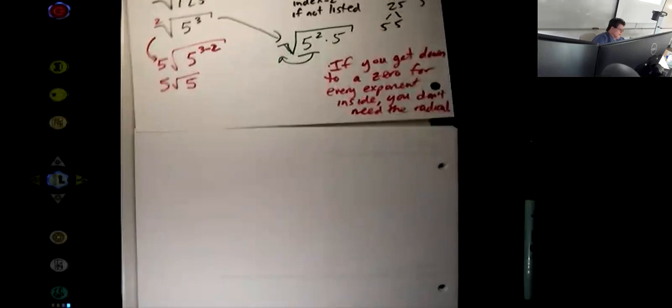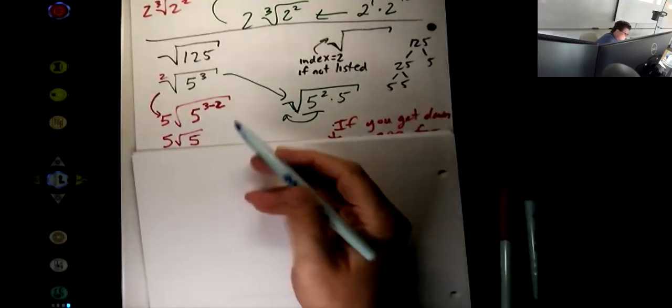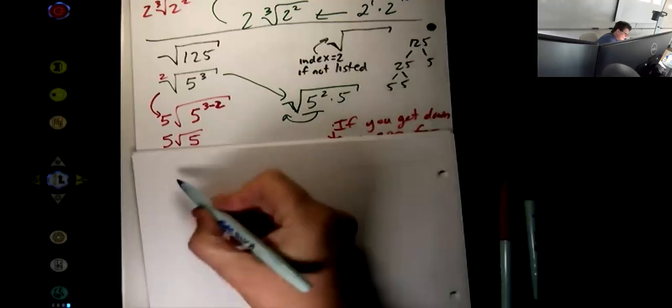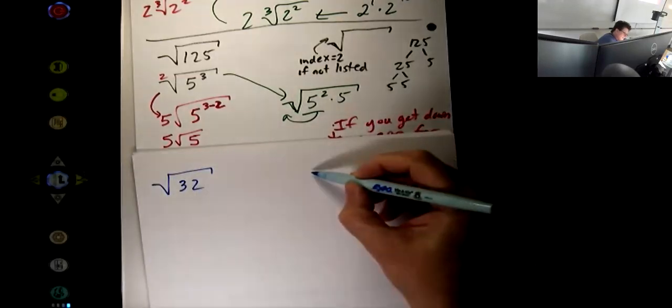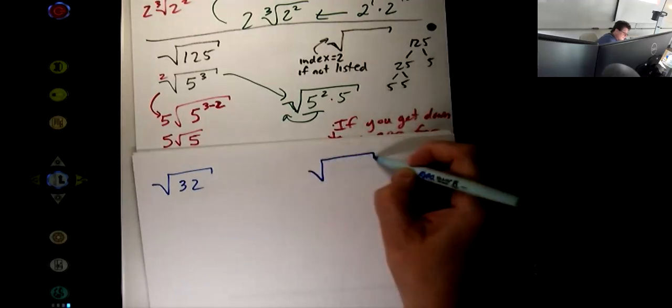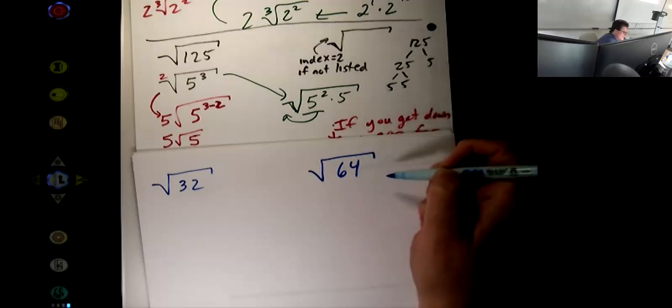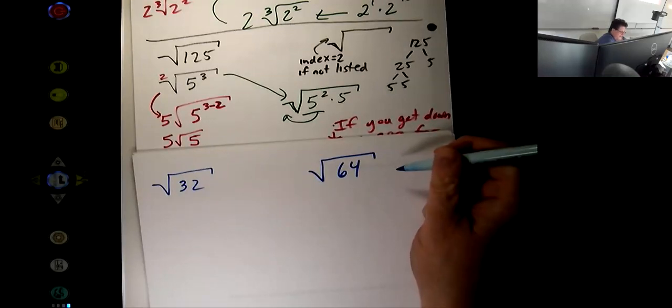Alright, we'll go through some of these faster, but I really want to cement this idea in. I'm going to go back to doing the power of 2. If I have the square root of 32, I want to show you the square root of 64. I think most people know the square root of 64: what times itself equals 64? 8.